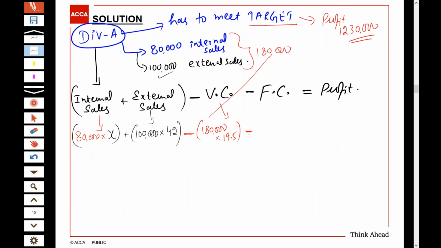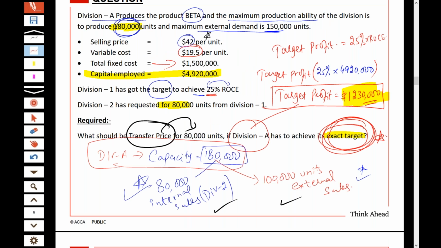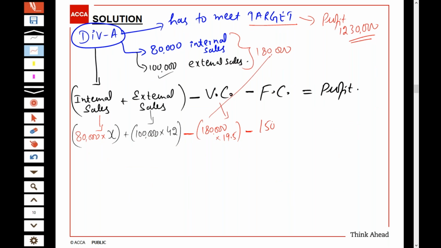Now what will be the fixed cost? Sir, it is given, the fixed cost is 1,500,000, and now it has to achieve the target profit. What is the target profit? 1,230,000. Now this is 80,000 X. X is my transfer price, which is unknown to me.